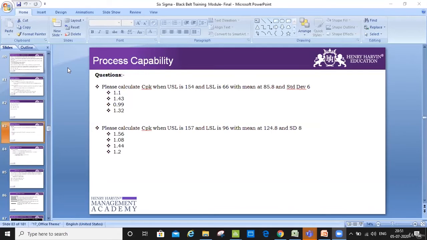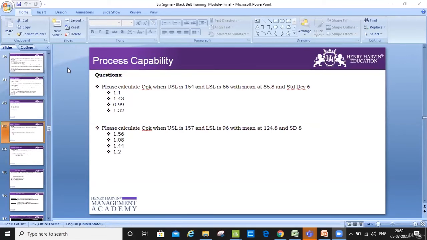Nothing to do in that case, really, because we are doing a project to improve that only. CPK tells you the actual performance, and we already knew that the process performance is not good enough, and that's the reason we're doing a project. Likewise, when we calculate the sigma level, we don't do anything; we just mention what the sigma level is. Similarly, whatever CPK we calculate, we will just stick to it.